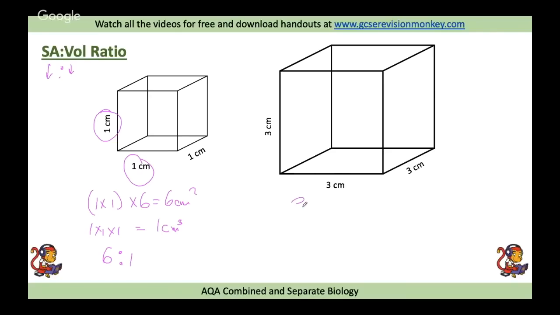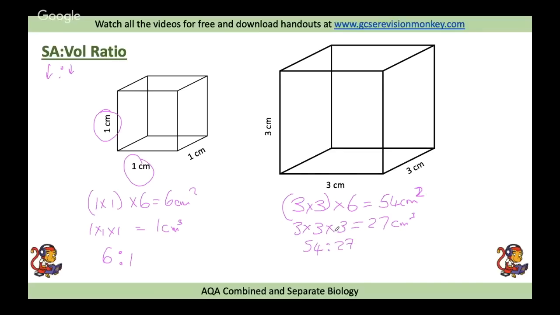For this one, surface area would be 3 times 3 for the area of one side, multiplied by 6, which will give us 54 centimetres squared, and the volume 3 times 3 times 3, which is 27 centimetres cubed. If we put those as a ratio, we'd have 54 to 27.